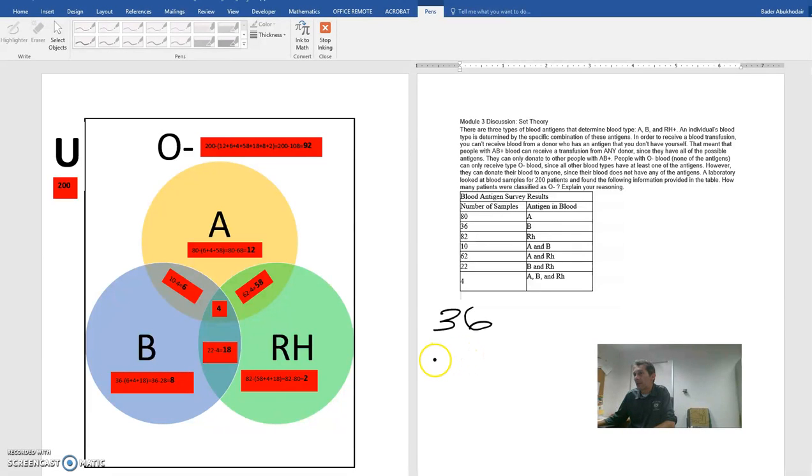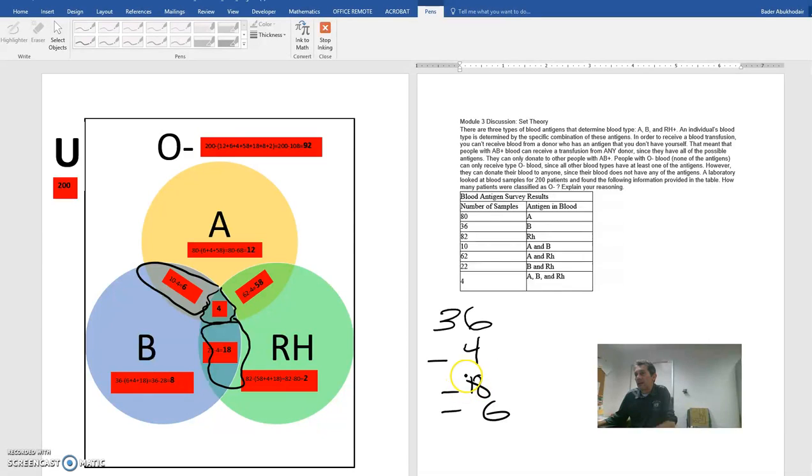So we have to subtract. First, how many people have A and RH with them, so this is the 4. Then I will subtract how many people have the RH with them, which is 18. Then I will subtract how many have the A and B, which is the 6.